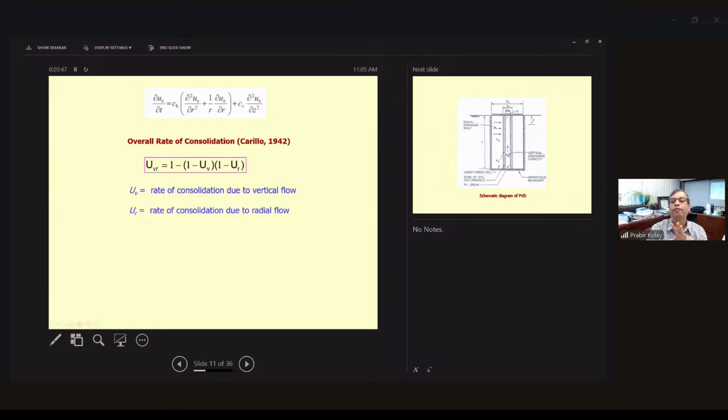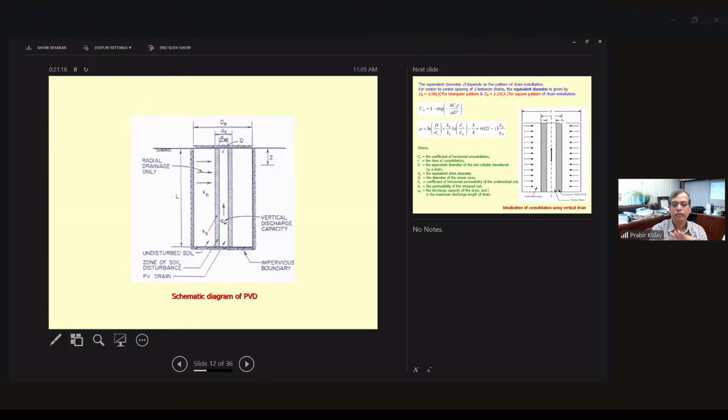Because of radial drainage, the first part is added, Ch, the coefficient of consolidation in the horizontal, radial direction, and then this part comes into the picture. Okay, so this is the differential equation for consolidation. Then for overall consolidation, you can use these equations where 1 minus U is 1 minus U vertical times 1 minus U radial. Okay, so we'll be solving some problems using this equation.